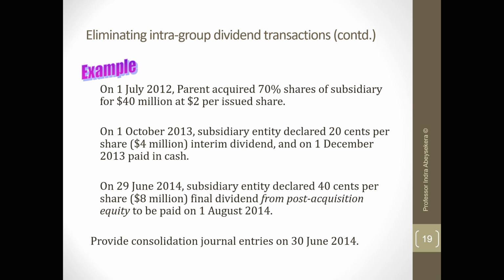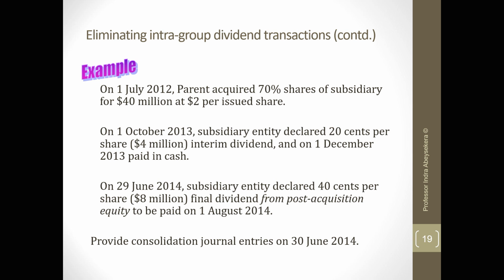Provide journal entries and consolidation entries at 30th of June 2014. If you look at what has happened, for the interim dividend, 70% of that the parent received, and for the final dividend, 70% of that is declared and the parent is yet to receive it, but the parent has to account for it.